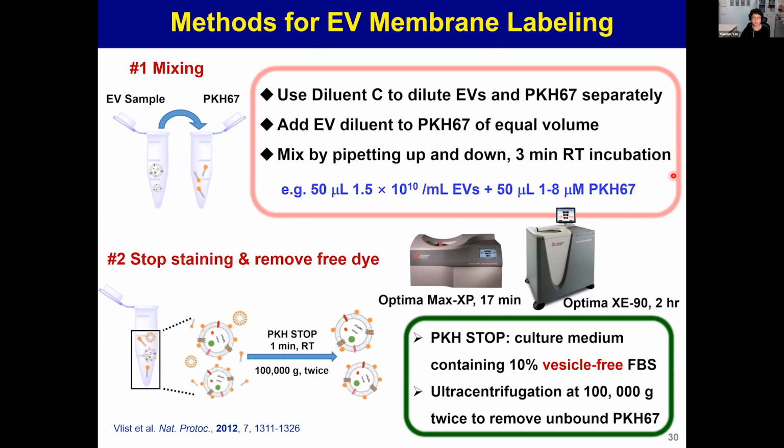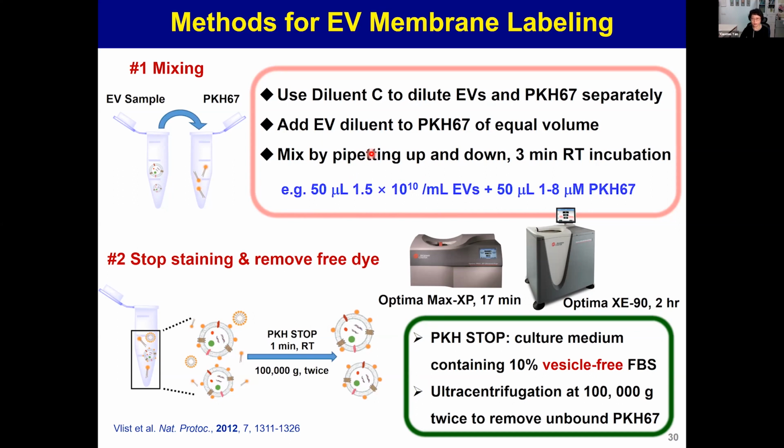It is recommended to add the EV diluent to the PKH diluent in equal volume to get homogeneous staining. Normally, we use 1 to 5 micromolar PKH67 to stain this range of EV concentrations, and the EVs can be well detected above the background.